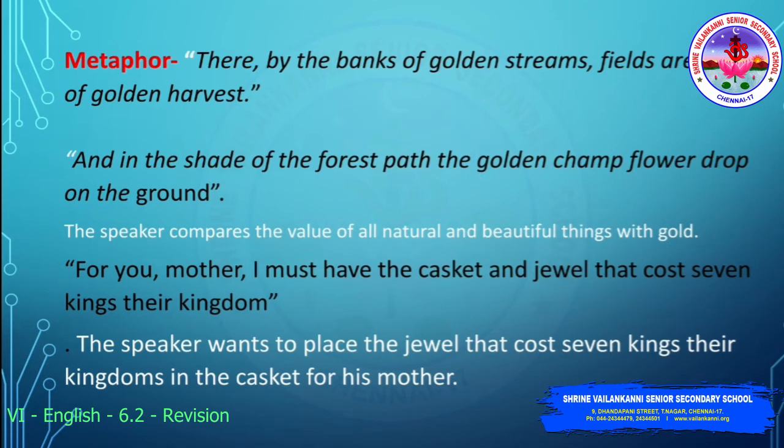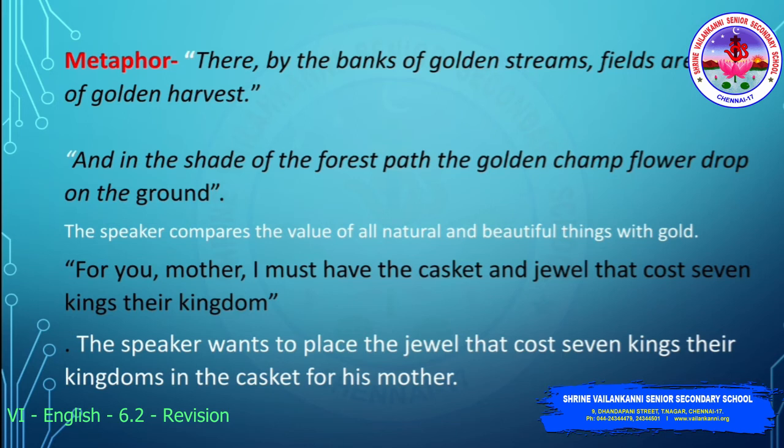He is comparing the streams to gold, the fields of harvest to gold, and the champa flower dropped on the ground to gold again. So you will write it as: the speaker compares the value of all natural and beautiful things with gold.